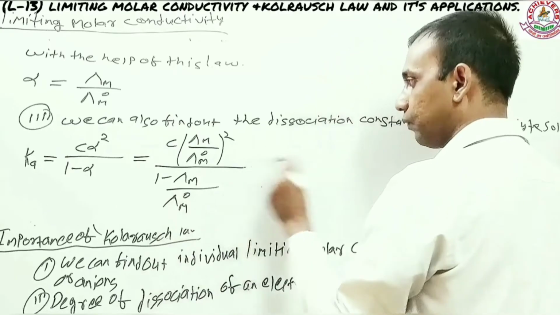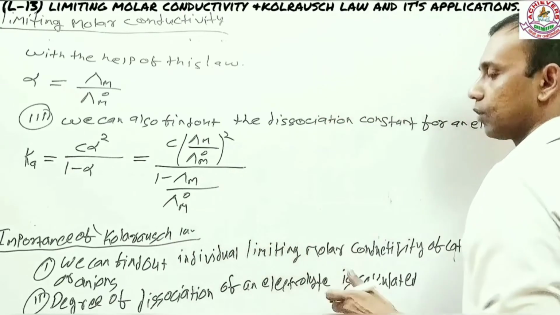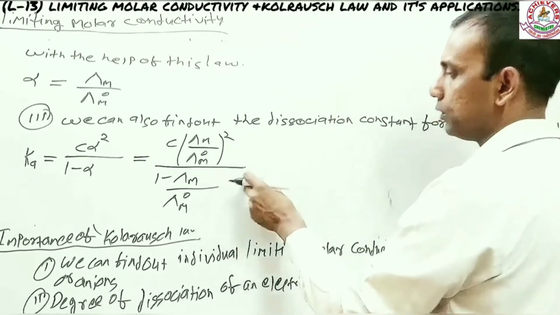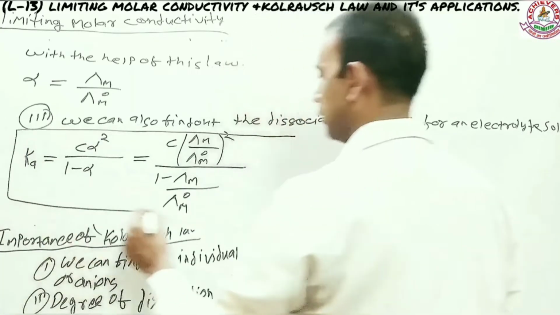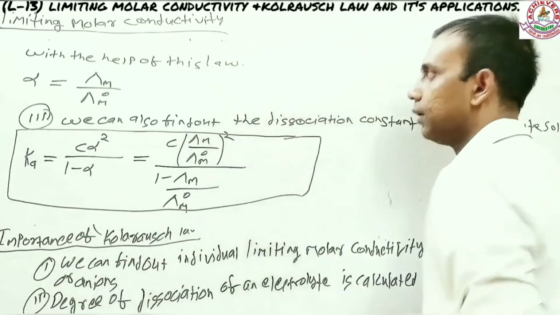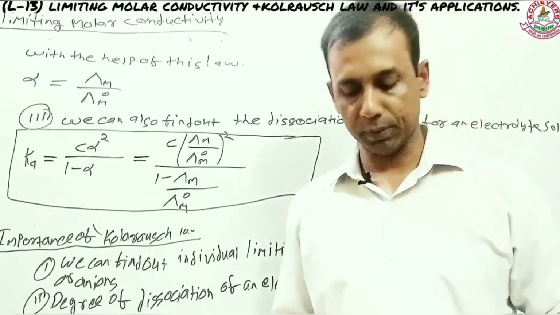If you solve it, you can work it out at your own level, you just have to solve it. This is the formula for the dissociation constant. So if you know the Kohlrausch law, these are some of the applications that come out of that law.